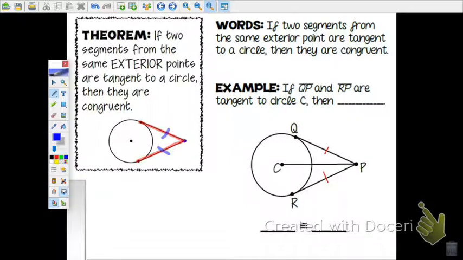So again, we have an example. It says if segment QP and segment RP are tangent, means they're only intersecting at one point to a circle, then what do we know? Then they are congruent.